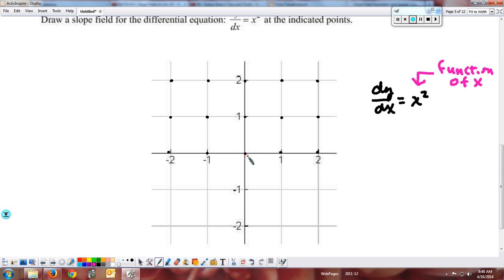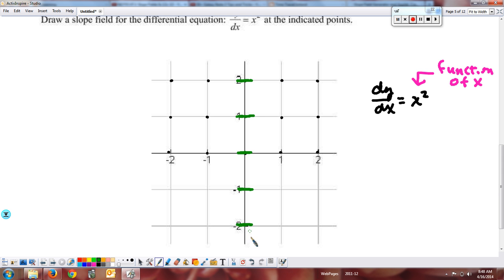On the y-axis, every single point has an x-coordinate of 0. So when I plug in 0, 0, the origin, I'm going to get a slope that is 0, and so I would draw a horizontal line. But then notice I get exactly the same thing at every point on the y-axis, because at every point on the y-axis, x is equal to 0. It doesn't depend on y, it only depends on x.